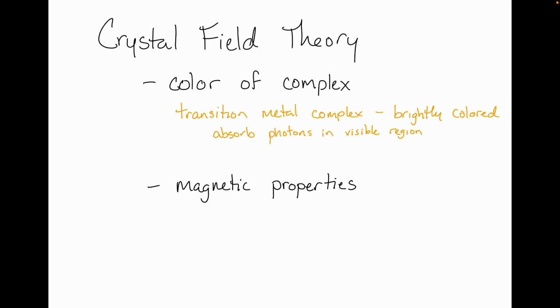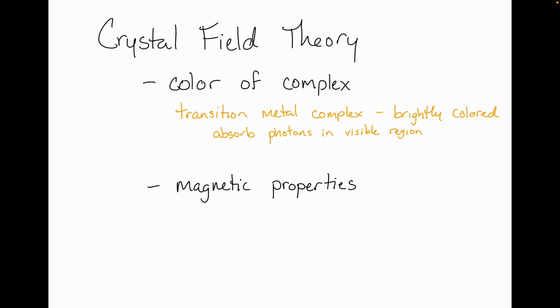Other covalently bound complexes tend to not be very brightly colored at all. And the ones that do always share the same property of having a lot of carbon-carbon double bonds. So again, covalent bonding theory just didn't really explain why these transition metal complexes have these bright, beautiful colors that they do, and crystal field theory does.